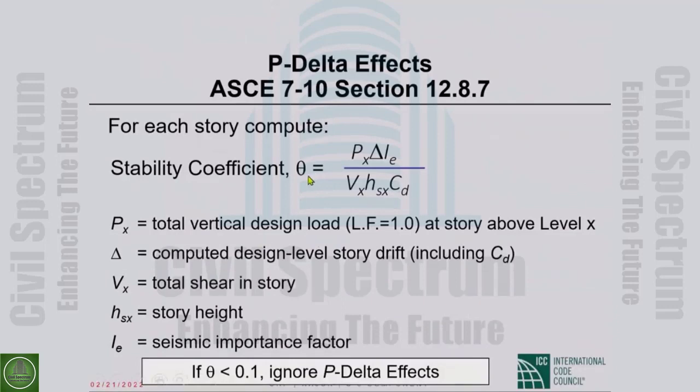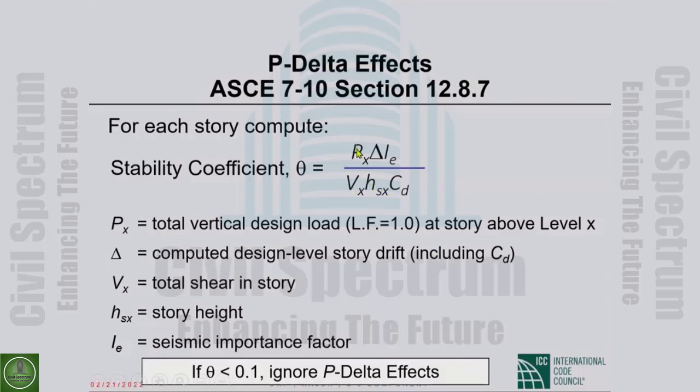In dealing with P delta effects, we define a stability coefficient, which is basically the secondary to primary moment ratio. V sub x is the story shear, that multiplied by story height is the primary moment.